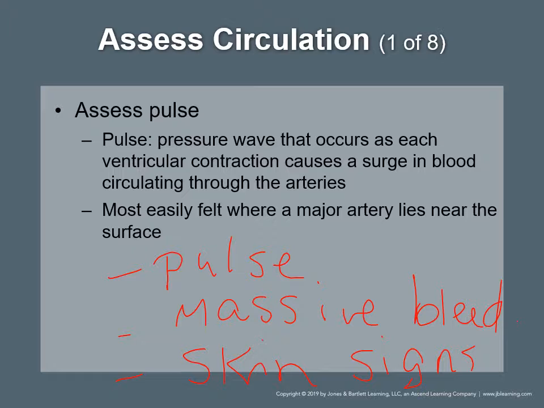You can feel that next to an artery that's fairly close to the surface. And so normally we check a radial pulse and or a carotid pulse in somebody who does not have a radial pulse. And I'll show you that in a minute. The next slide is a picture of that.